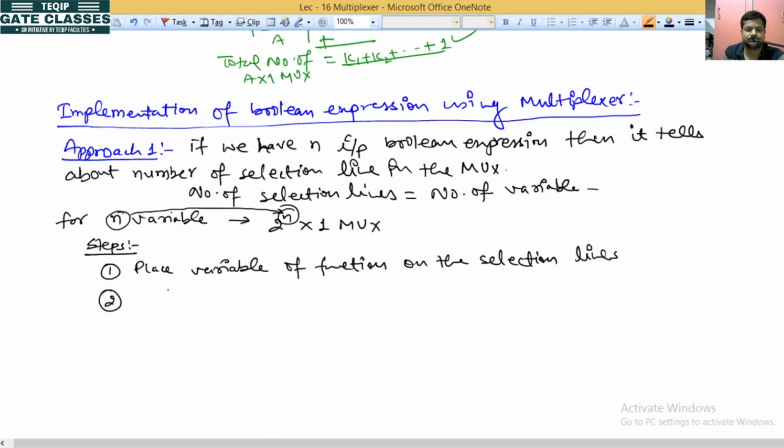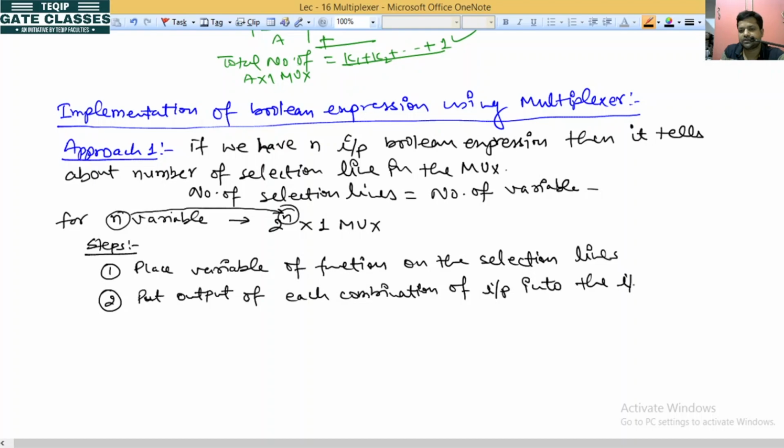The first point is to place the variables of the function on the selection lines. The second is to put the output of each combination of input into the input lines of the mux.